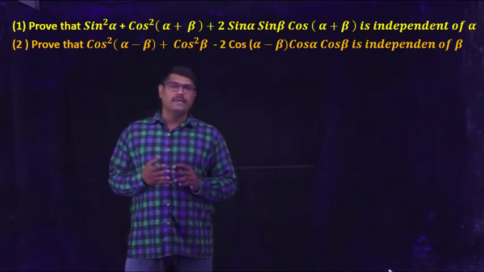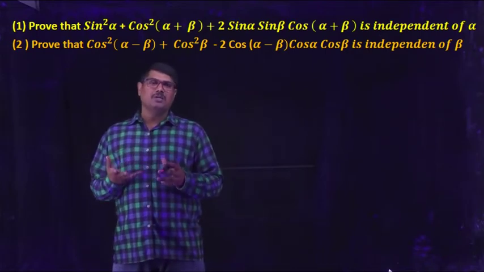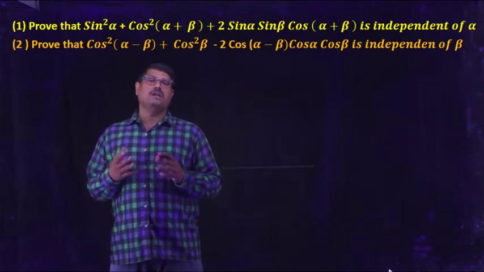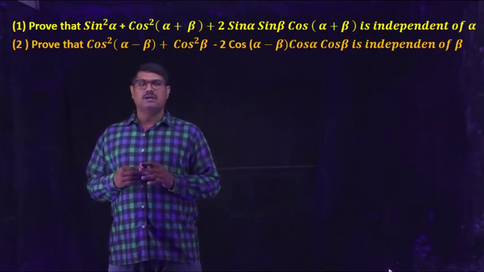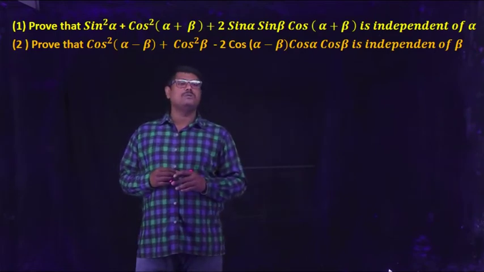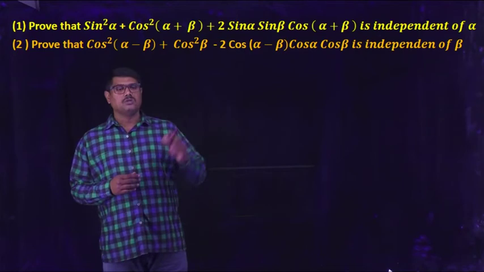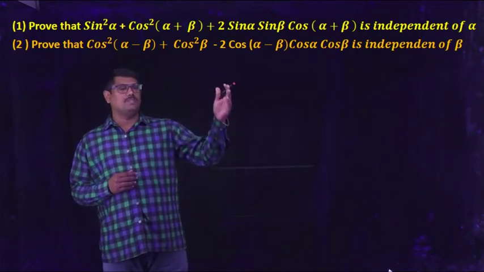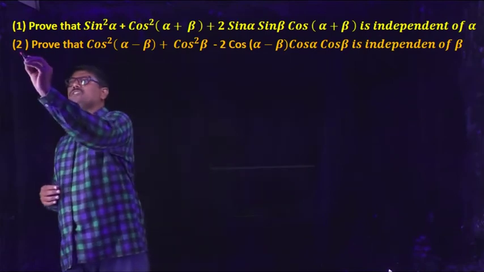Independent of alpha means the answer we obtain is not related to alpha, so alpha will not be there in the required answer. In the same manner, we can do the second problem also, where we have to prove the second expression is independent of beta, so there will be no beta in the final answer. Let us start the first one.